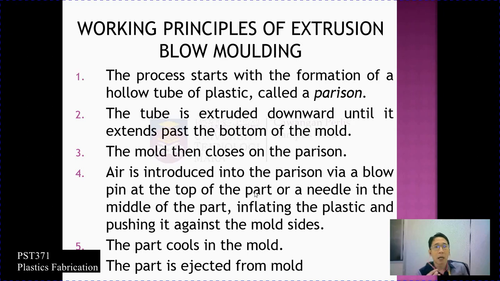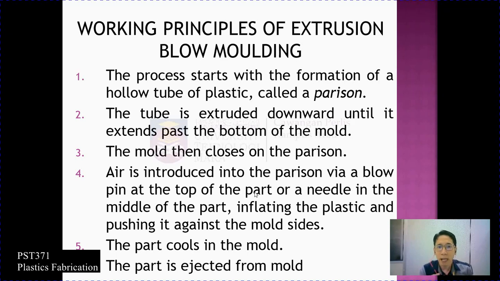Okay. The tube is extruded downward until it extends past the bottom of the mold. So you extrude the polymeric material, the molten polymer, until it extends past the bottom of the mold. Okay, and then the mold closes on the parison so that you seal the other end of the extruded part. Then air is introduced into the parison via a blow pin at the top of the part or a needle in the middle of the part, inflating the plastic and pushing it against the wall of the mold.